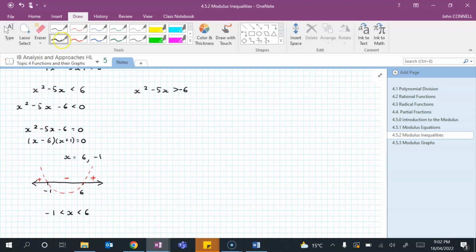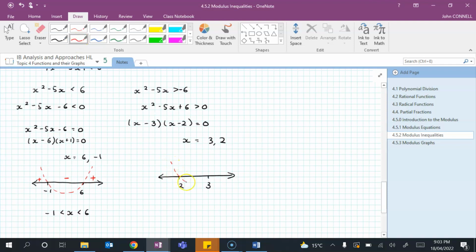Okay, now what about this one? Well, x squared take 5x plus 6 has to be greater than 0. So in this case, the factorization is x take 3, x take 2. So my roots are 3 and 2. Drawing my sign diagram again and putting my roots of 3, 3 is a higher one, so it'll be 2 and 3.